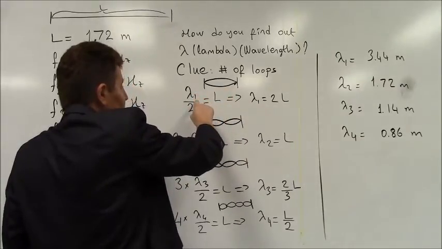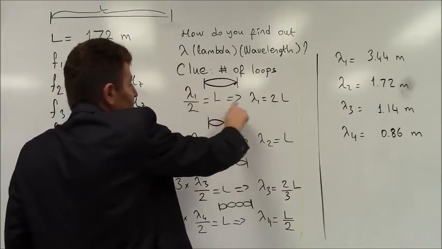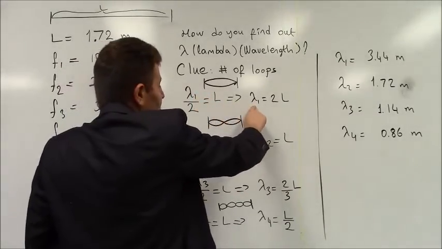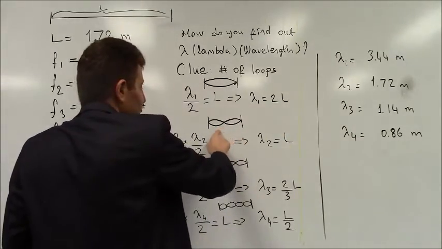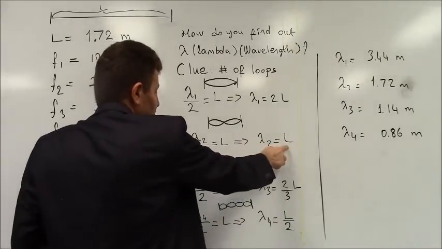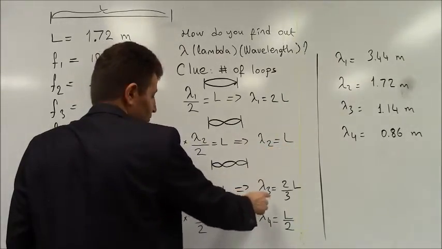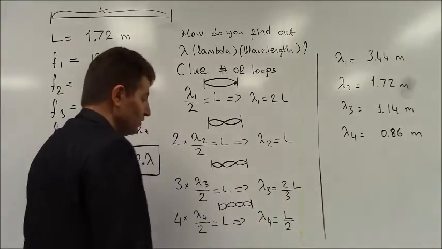So it's going to be half of the wavelength, and then we end up with lambda 1 equal to 2L. And for the second one we have 2 loops, so lambda 2 is equal to L. For the third one this, and then for the fourth one L over 2.